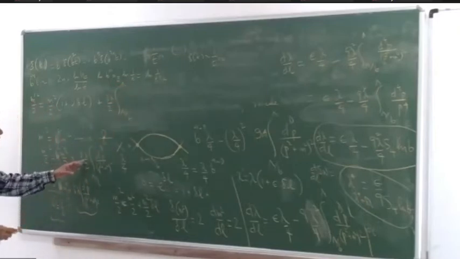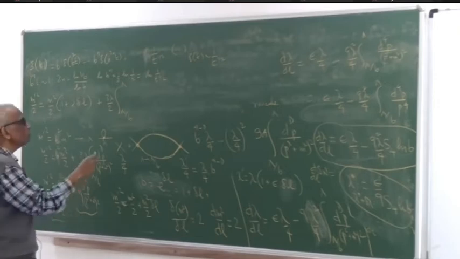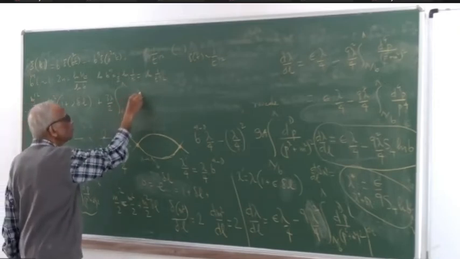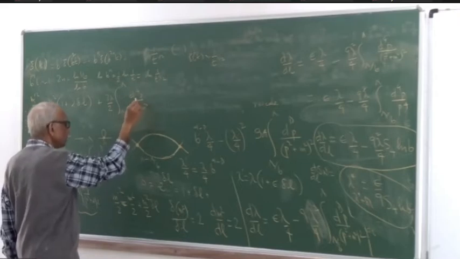And now lambda is, I know, going to be of order epsilon, so this is a small term. I will evaluate the rest of it at d equal to 4. So this is d4p over p square plus m square.